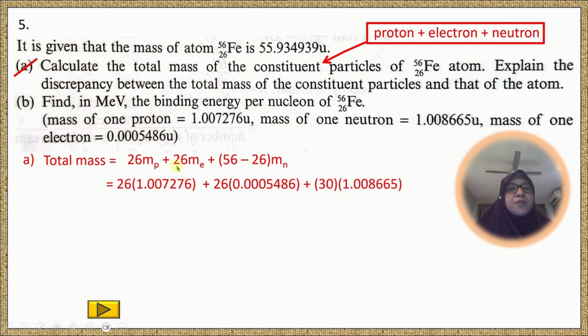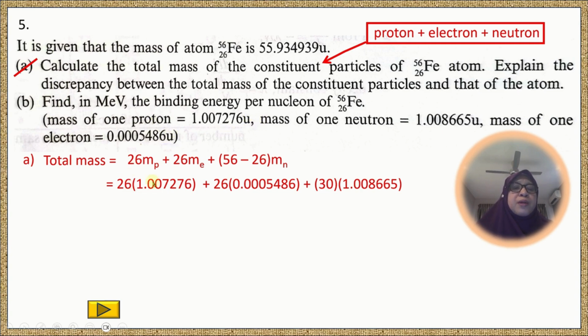For the mass of proton and mass of electron, we could use the mass of hydrogen, but the mass of hydrogen is not given this time. So you are given the mass of proton and the mass of electron, so we can use these two separately.